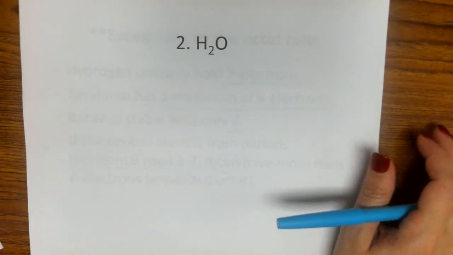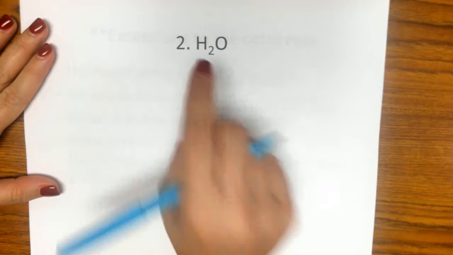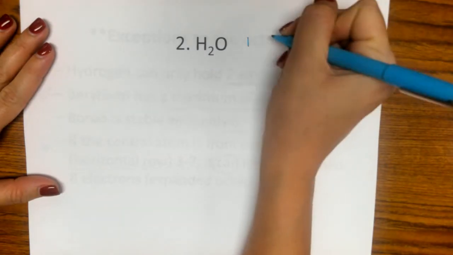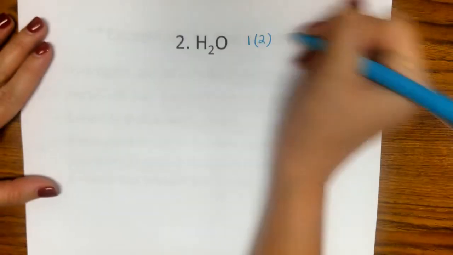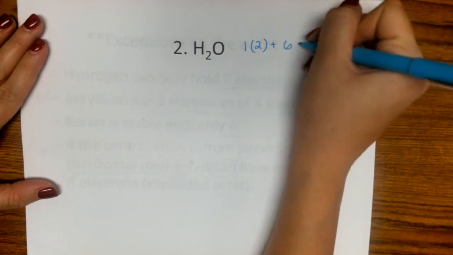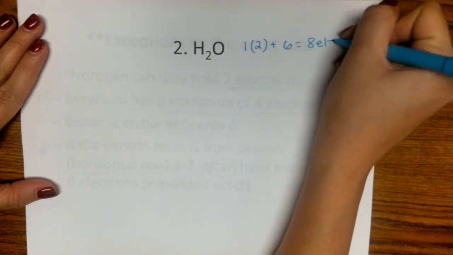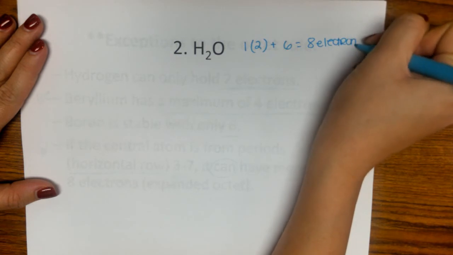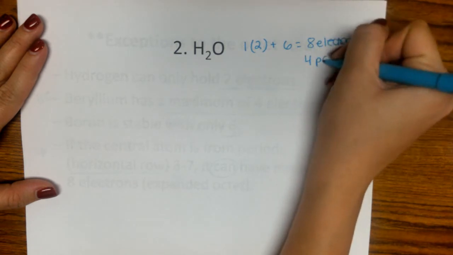So knowing our exceptions, we're going to draw the Lewis structure for water next. H2O. So step 1, count how many electrons are in your compound. Hydrogen has 1 valence electron, and there are 2 of them. And then oxygen has 6. So 2 plus 6, there are 8 electrons, or 4 pairs.